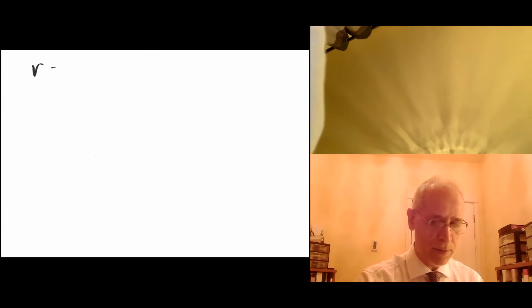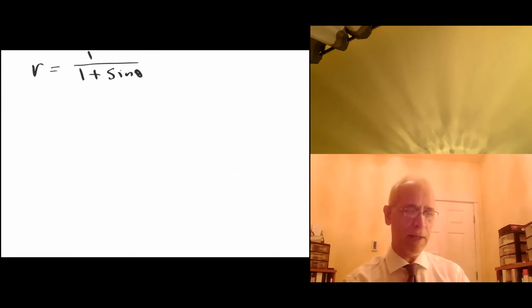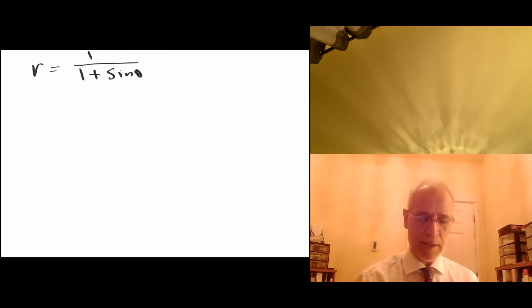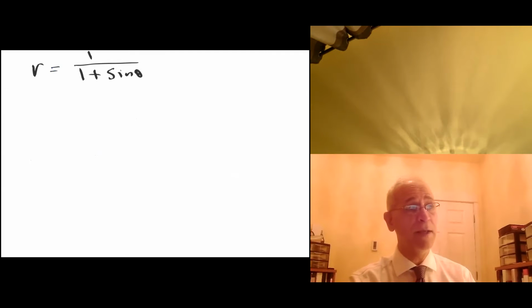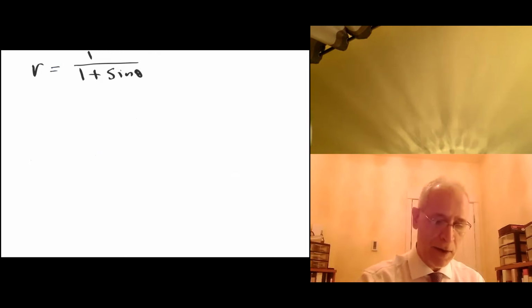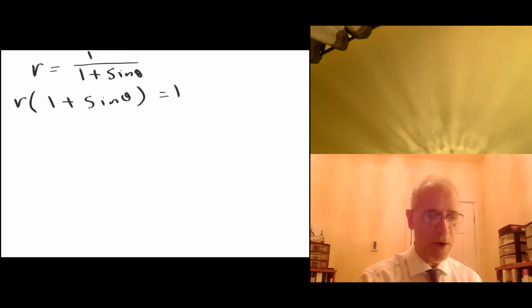How about r equals 1 over 1 plus sine of theta. Here I can just cross multiply, or multiply both sides by the LCD. I get r times 1 plus sine of theta equals 1.